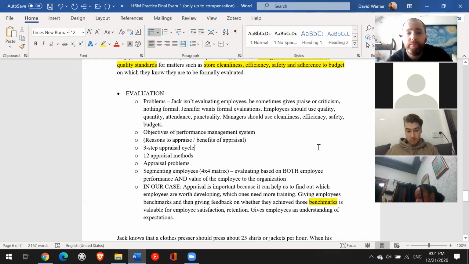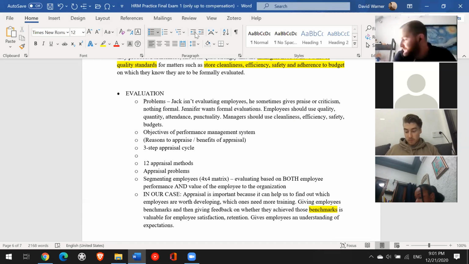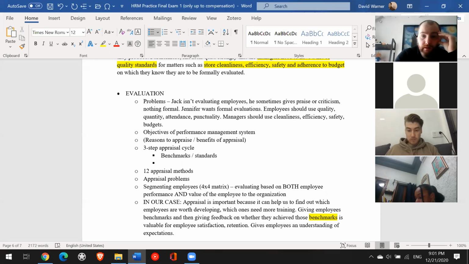Step 1 is create the benchmarks. I would also say with this 3-step cycle, a couple of important things are the benchmarks, also known as the standards, and participative goal setting.